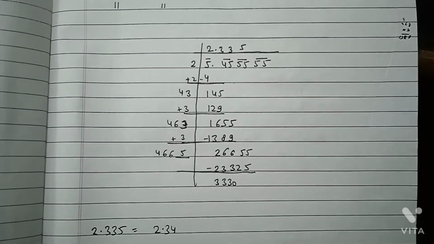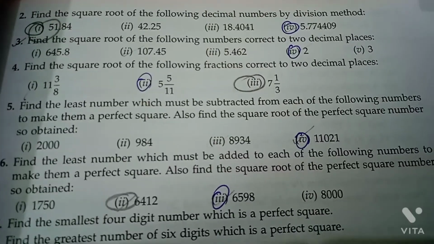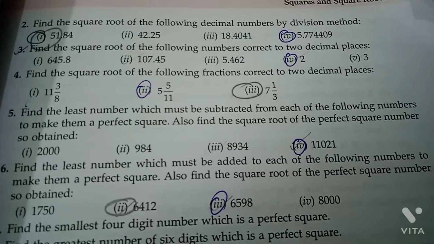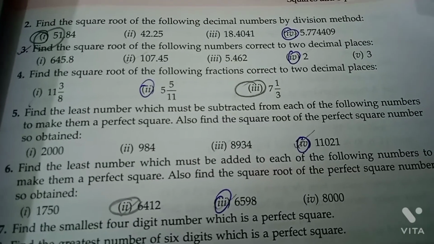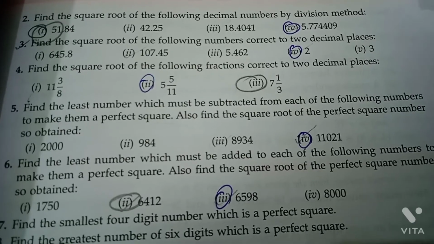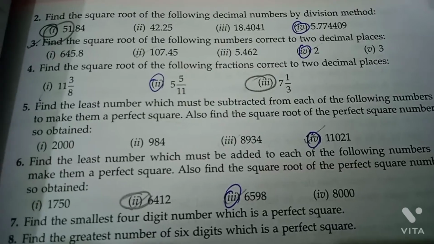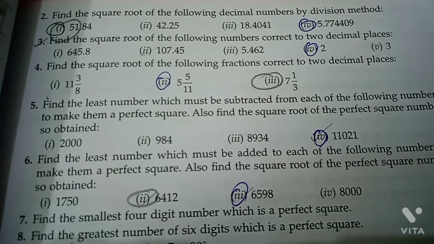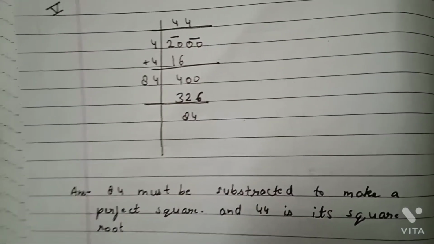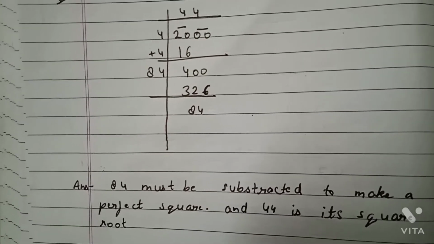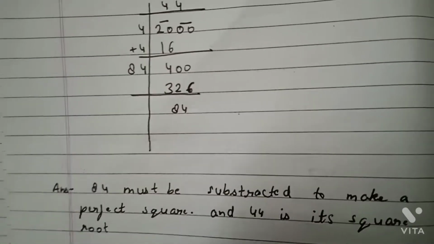So let's move to our fifth question. Our fifth question is find the least number which must be subtracted from each of the following numbers to make them a perfect square. Also find the square root of the perfect square number. So our first question is 2000. So let's move to it. Here also after making the pairs we will do the solving and the remainder is left 84.